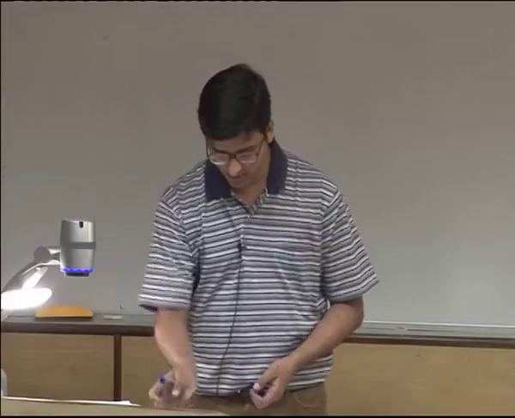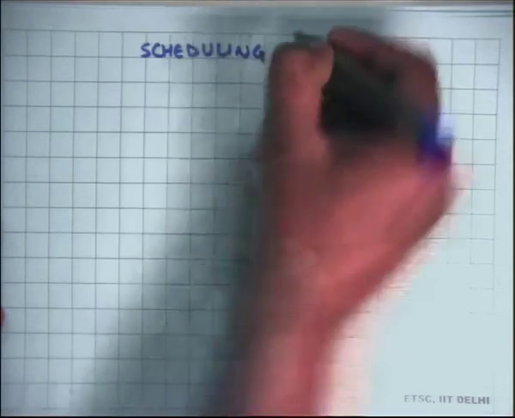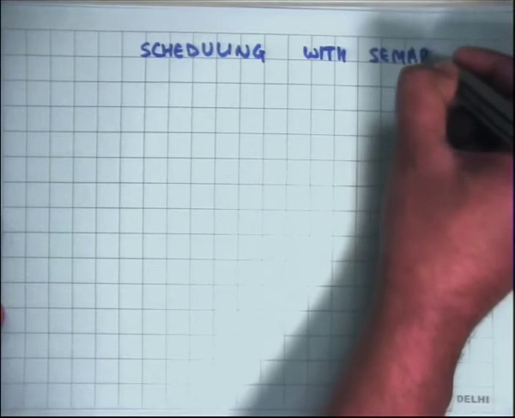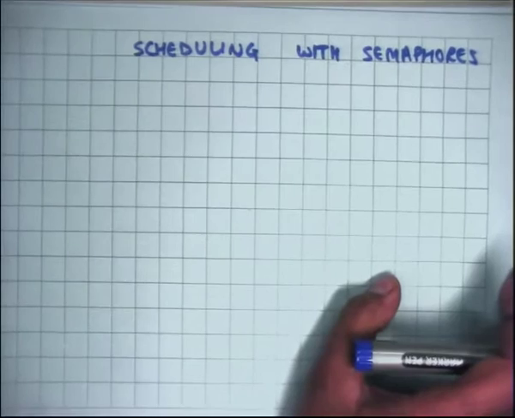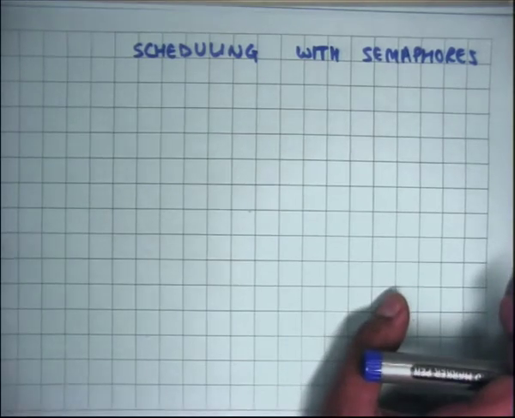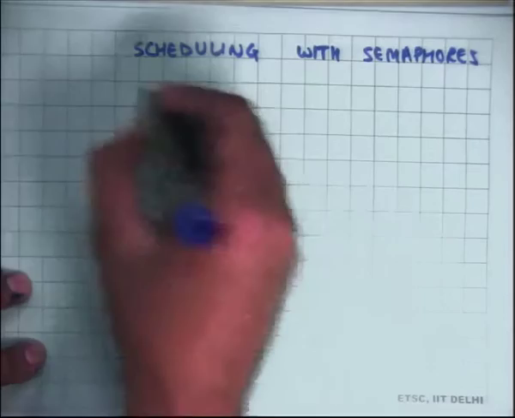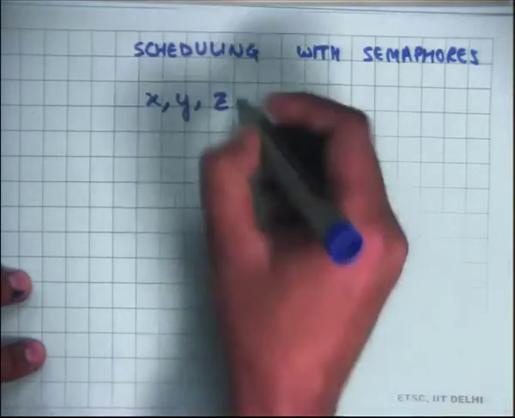All right. Let's see, scheduling with semaphores. All right, so let's say there are these variables called x, y, z, right.